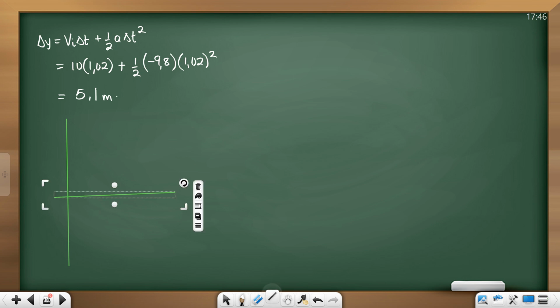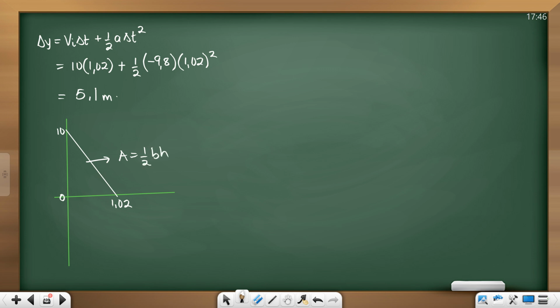Can I do this without equations of motion? Again. 1,02, 0, and 10. Let's look for the area. That's a triangle. Always use the x-axis as your base. Half times 1,02, and what's the height? 10.